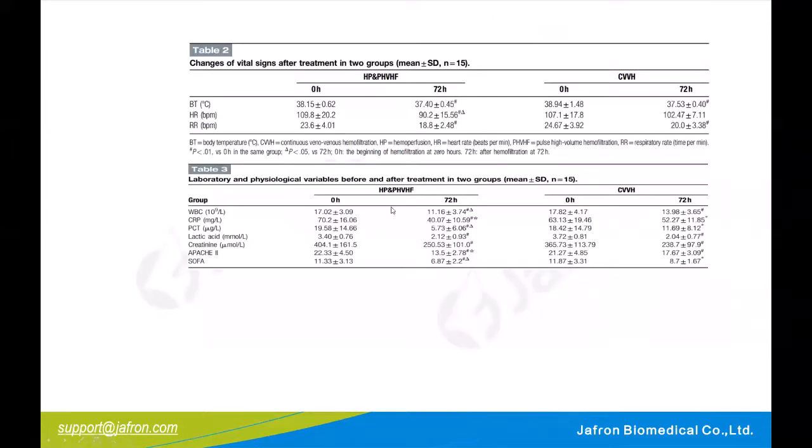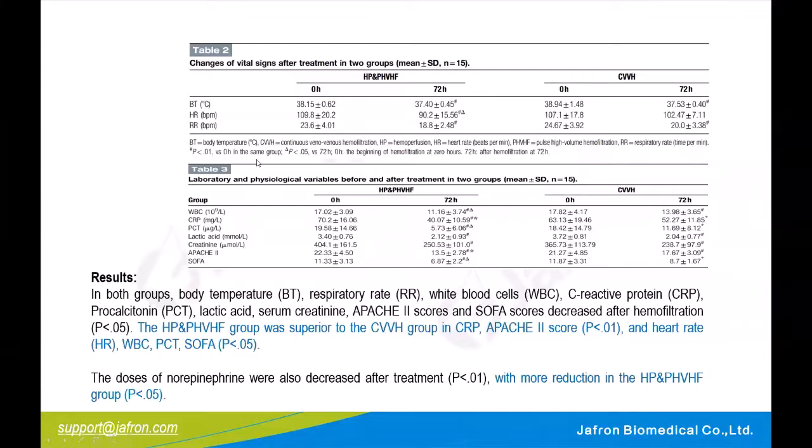The results show that both groups showed reduction and improvement of these parameters.